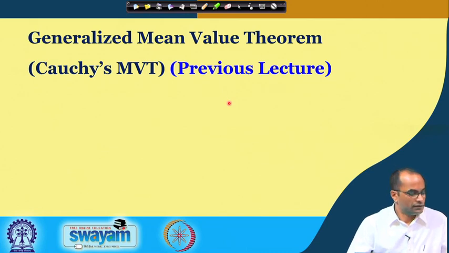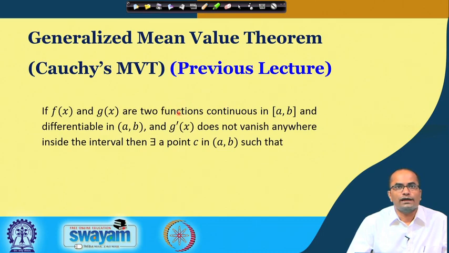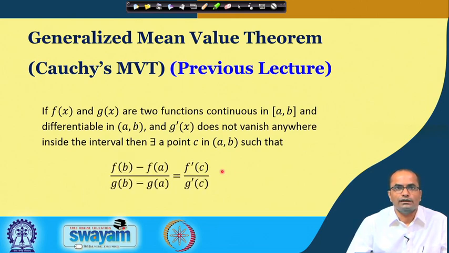There we have seen that if there are two functions f and g continuous in the closed interval and differentiable in the open interval (a, b), and g prime, the derivative of g, does not vanish anywhere inside the interval, then there exists a point c in the open interval (a, b) such that the quotient f(b) minus f(a) divided by g(b) minus g(a) is equal to the ratio of the derivatives at that point c. This generalized mean value theorem will be used today to prove some of the results.